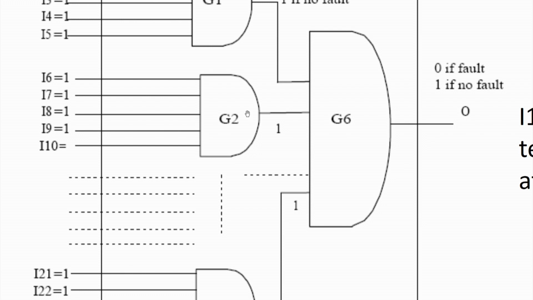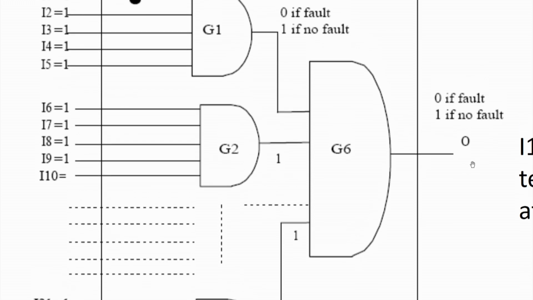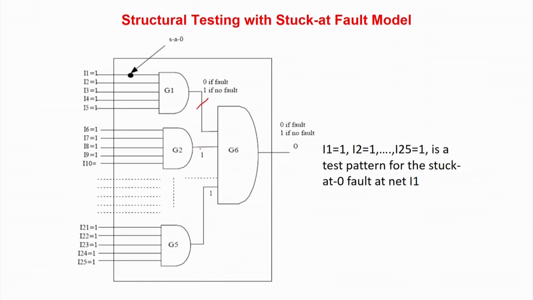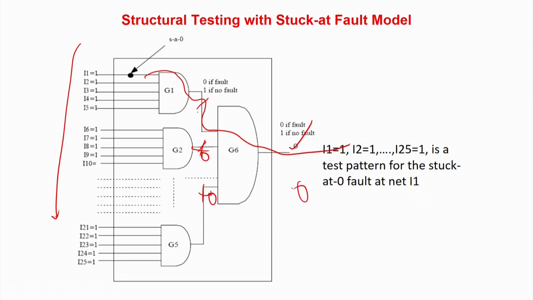Similarly, this gate output has to come out over here, because importantly I cannot probe any of these internal lines. I can only probe these output lines and I can only put control values over the input lines. So I have to observe this fault impact at this point. If any of these input lines to the AND gate is 0, the output will be 0 irrespective of the fault effect. I cannot afford that. So I have to make all these lines 1.